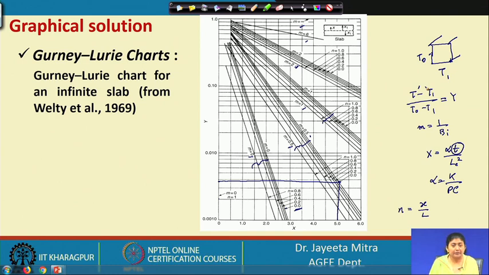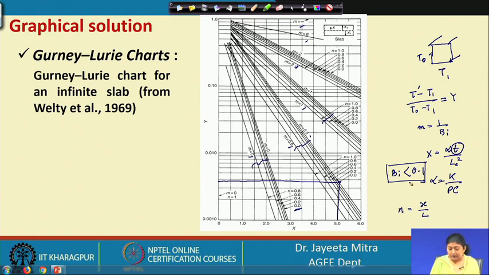In the lumped parameter method, the system geometry follows the restriction of the Biot number, that is Bi less than 0.1, and it also signifies that the internal conductive resistance is very low, the conductivity is very high.